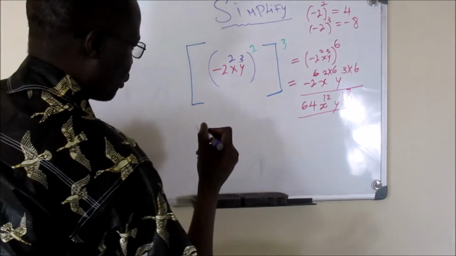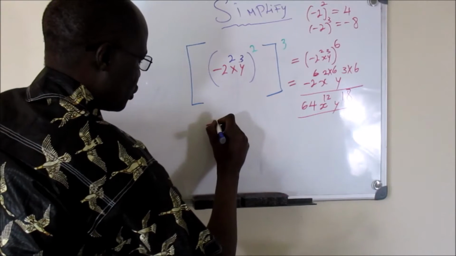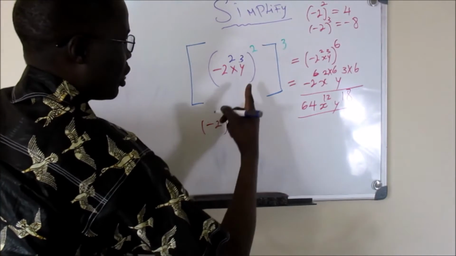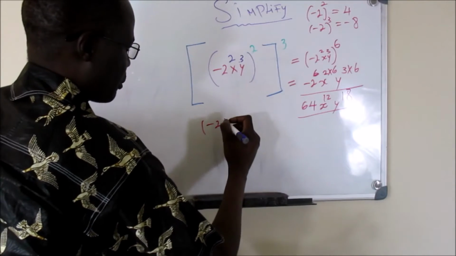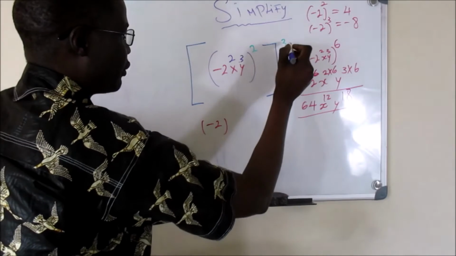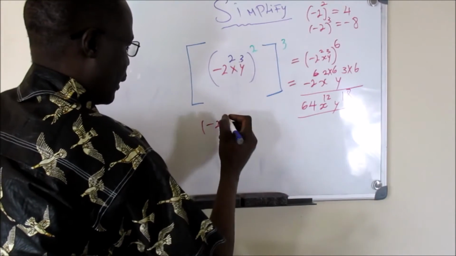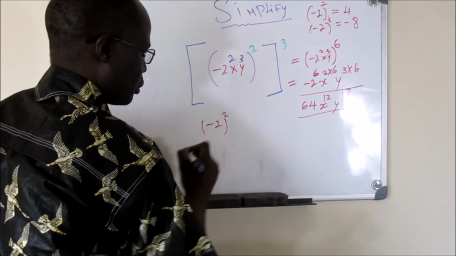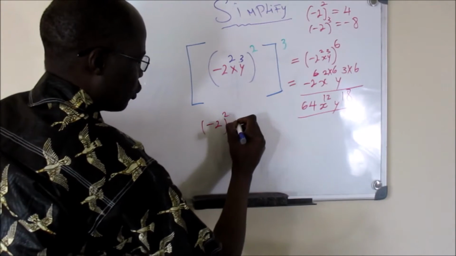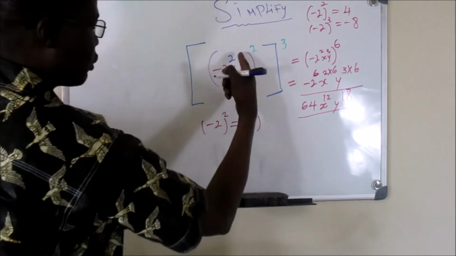So let me show you how you get to 64. We say 6, so we're going to begin from 2. Let's say the second way we do it. So 2 to the power 2 is going to be equal to 4. That's how this changed.